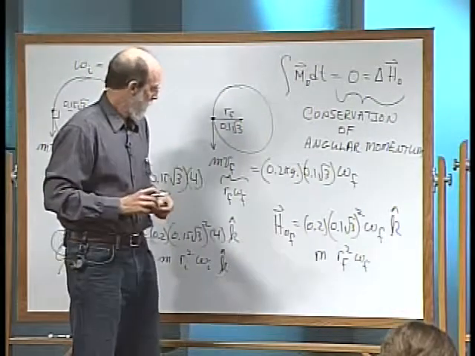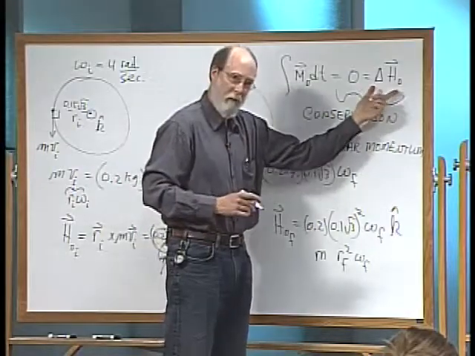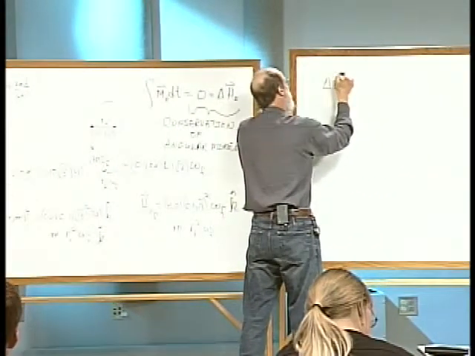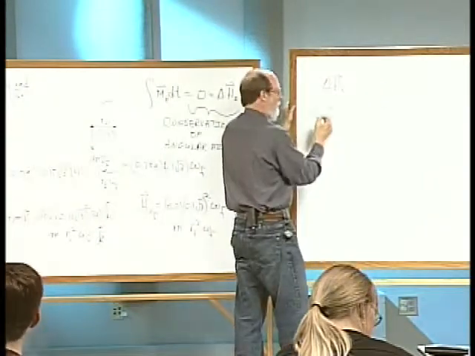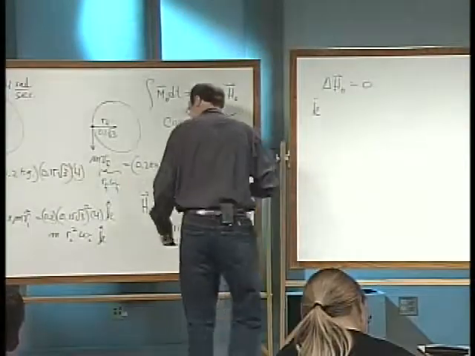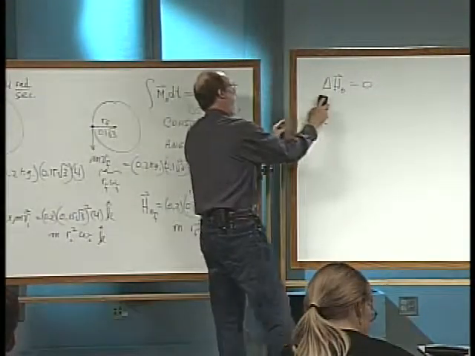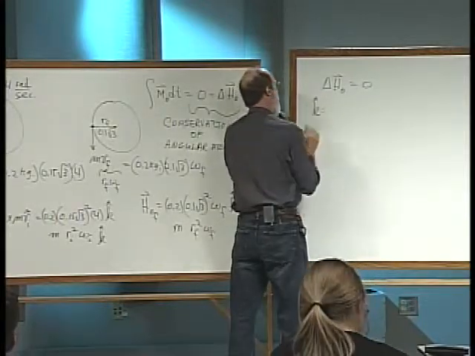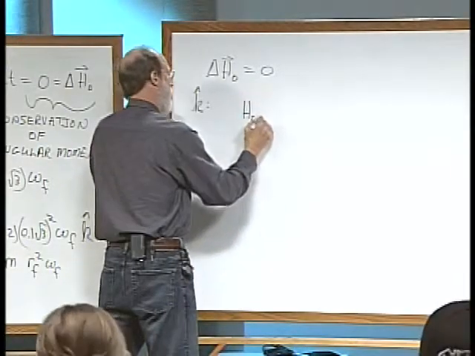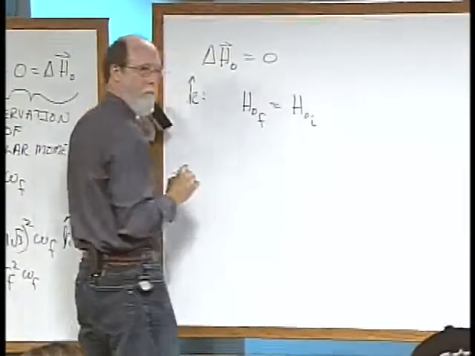So that means the change in angular momentum is equal to 0. And if we write the scalar equation just in the direction of k hat, then the angular momentum final must equal the angular momentum initial.